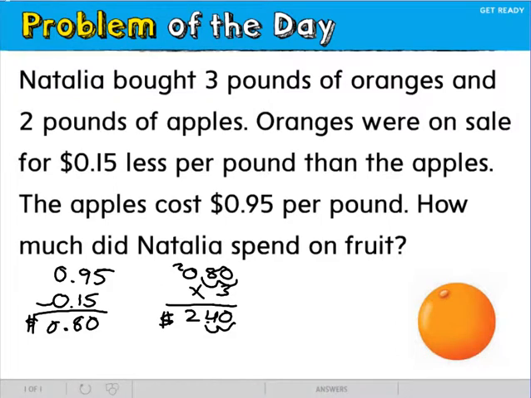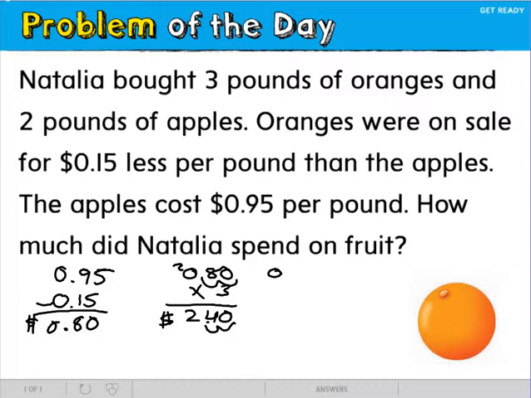Next thing I need to do. What's 2 pounds? So now I need to find out how much she spent on apples. I know how much she spent on oranges. How much did she spend on apples?